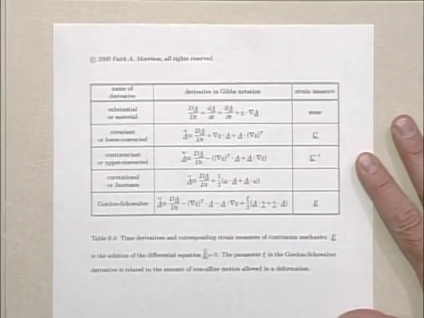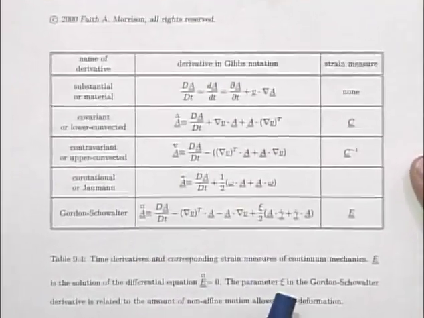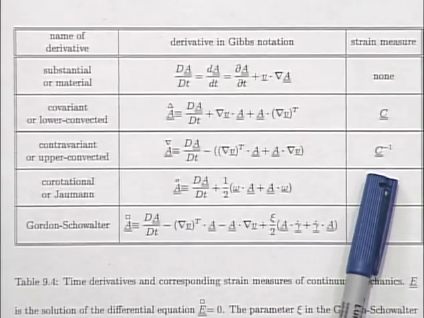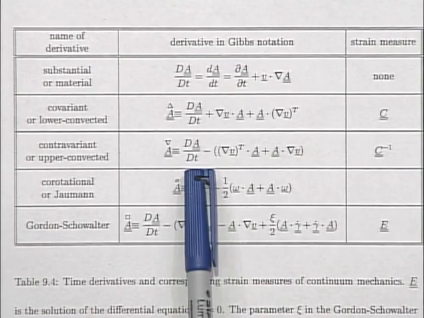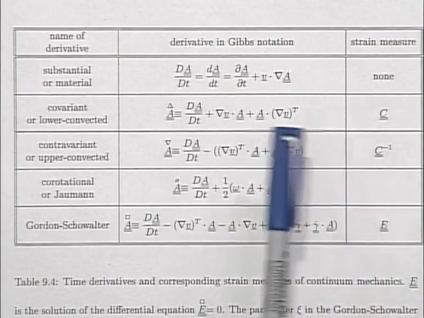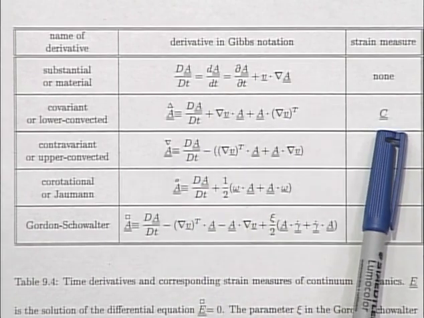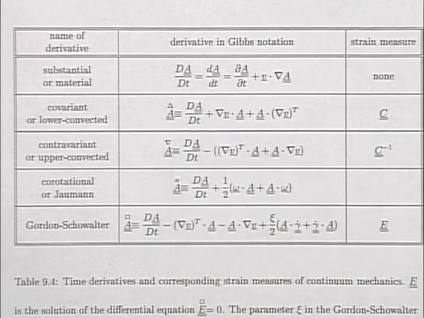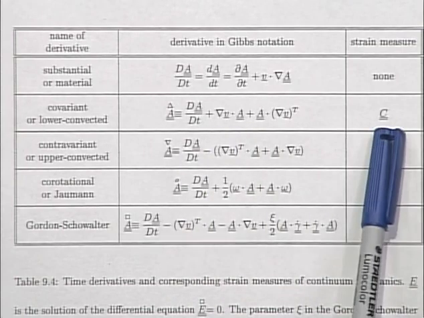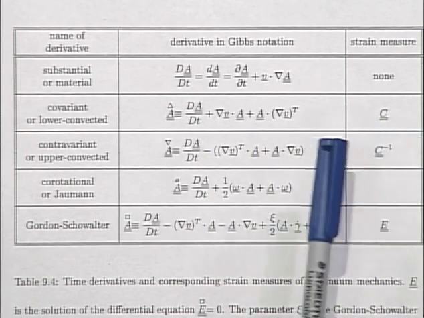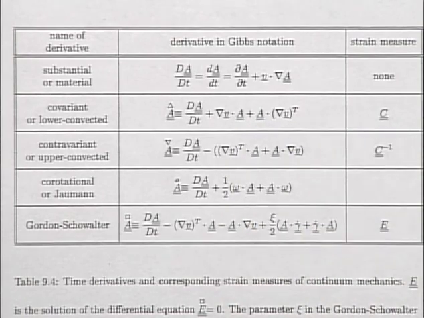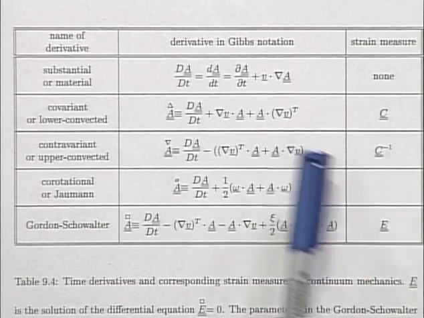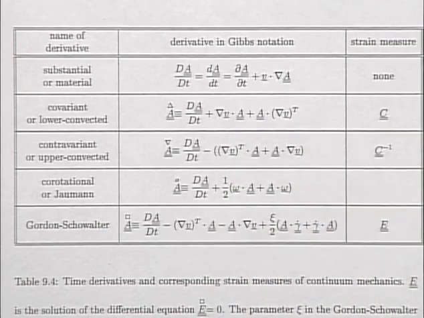First of all, as we know from the derivation I gave, the Finger tensor is tied to the upper convected derivative, and it turns out that the Cauchy tensor is tied to the lower convected derivative. So when we substitute the Cauchy tensor in or this time derivative in, we get the same constitutive equation, one written in integral form, one written in differential form.